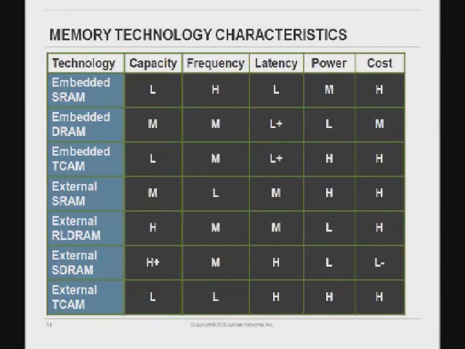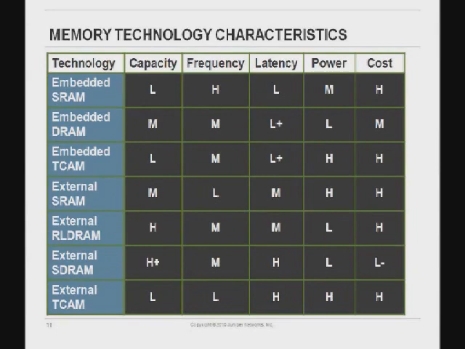The embedded memories on the first 3 rows are the ones that are residing on the ASIC themselves. And the external ones are outside of the ASIC on the board as separate components. In general, anything that's on die, the embedded ones, have higher frequency, which translates to performance, and lower latency. I'll explain in a minute why that's important. They also burn less power.